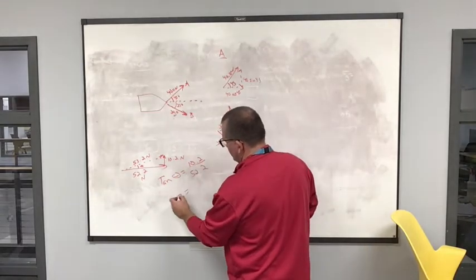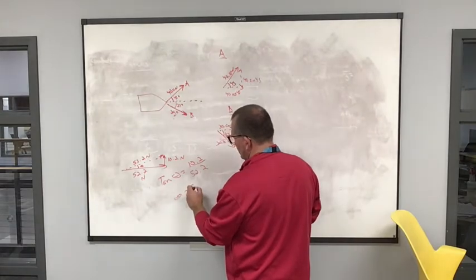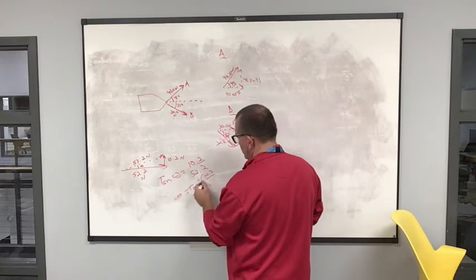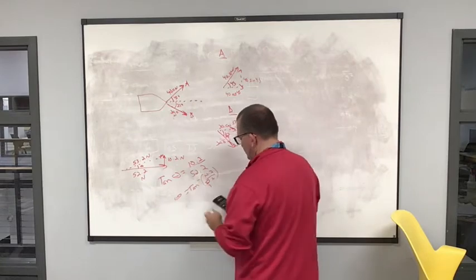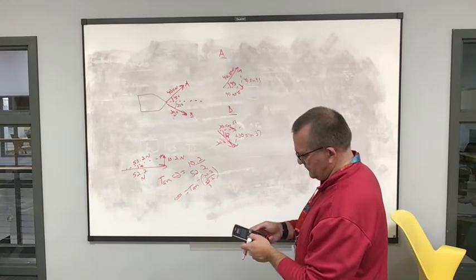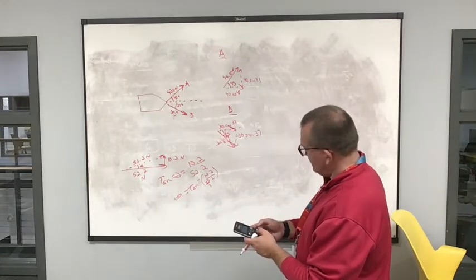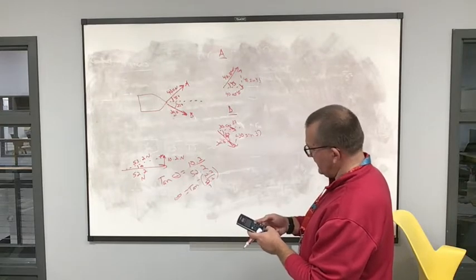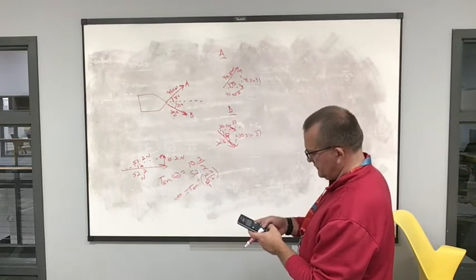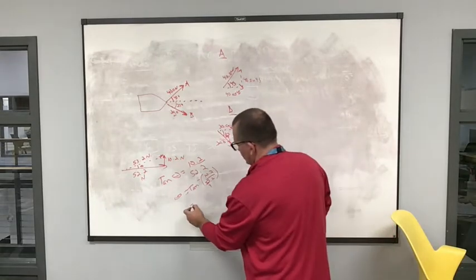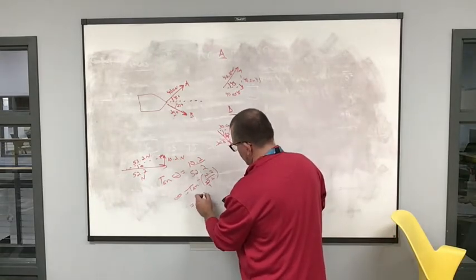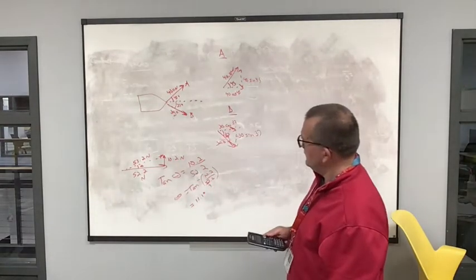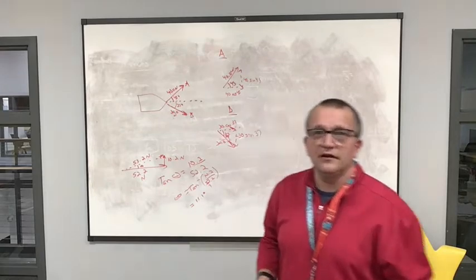So my theta is going to be my inverse tan of my ratio, inverse tan of 10.2 divided by 52.2 gives me an angle of 11.1 degrees. So 11.1 degrees north of east. So that's what my resultant's going to look like.